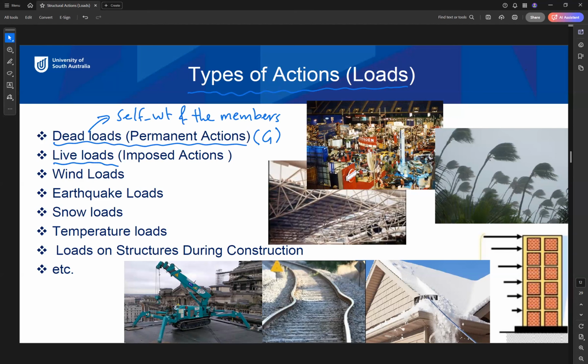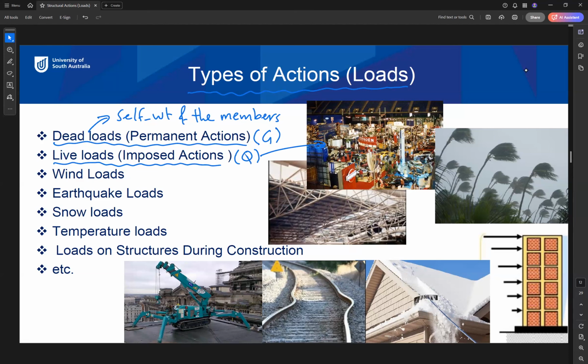Another type of load is the live load, or superimposed actions or imposed actions, similar to this one here in this diagram, which is called Q in the standard. So Q is the live load, which includes people, furniture, and any load that can move on the structure.